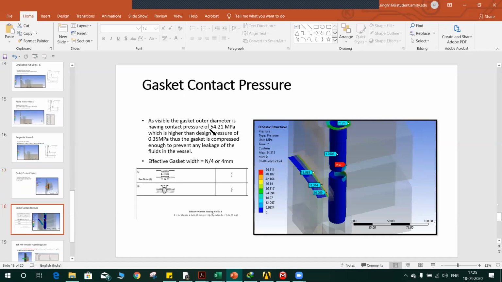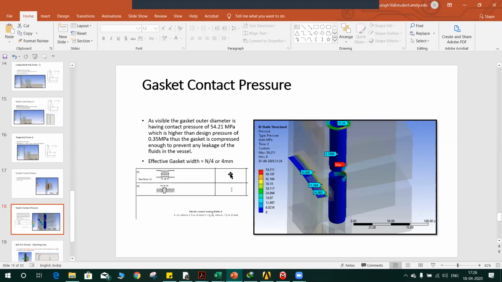So firstly, let's see the gasket contact pressures. As you can see, the gasket contact pressures are nearly 0 up to 3/4 of the width, and only near the boundary does it have a positive magnitude, around 38 megapascals. Why is it so? Because the ASME guidelines tell you that the effective width is only N/4.